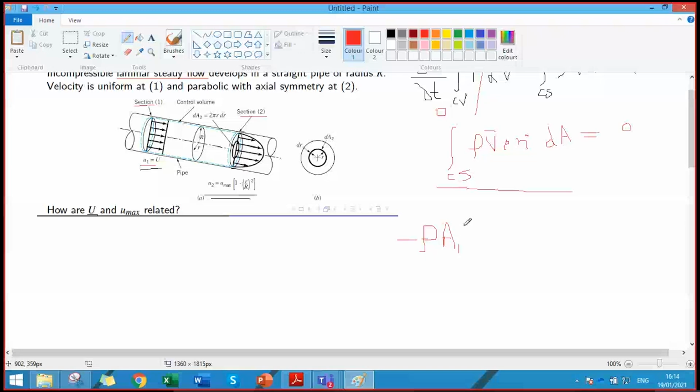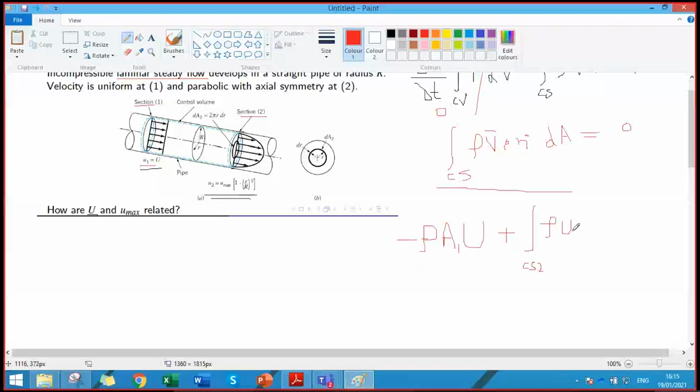But at section 2, we see that the velocity is maximum at the center, but it is minimum at the wall, so the velocity varies with the area. So we cannot write this simple integral. We need to write it as an integral at the control surface outlet as rho U2, which is given to us as a function.